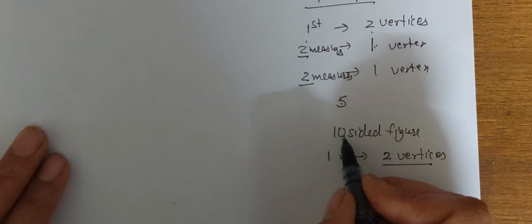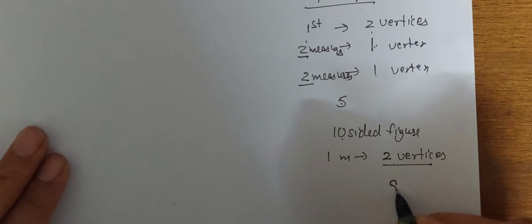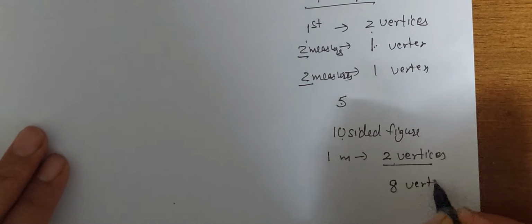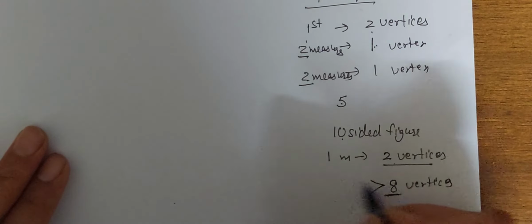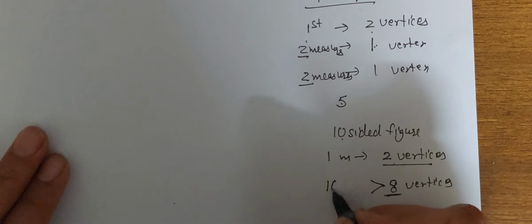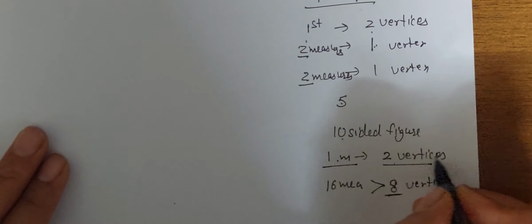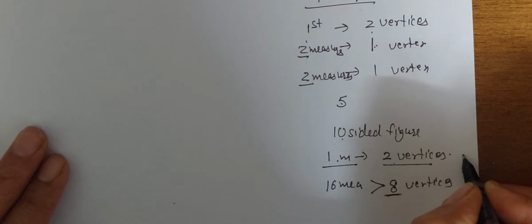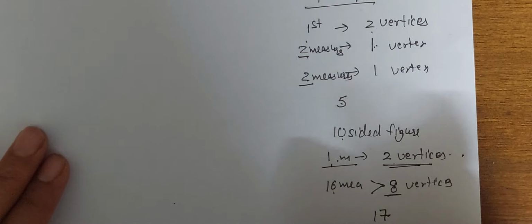Because it's a 10-sided figure, there will be 10 vertices, so 8 more vertices are left, and for each of them we need 2 measures. For 8 vertices we need 16 measures, and here we had the 1 measure with which we located the first 2 vertices. So 16 and 1, 17.